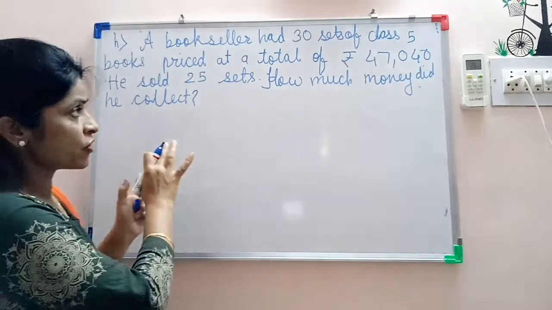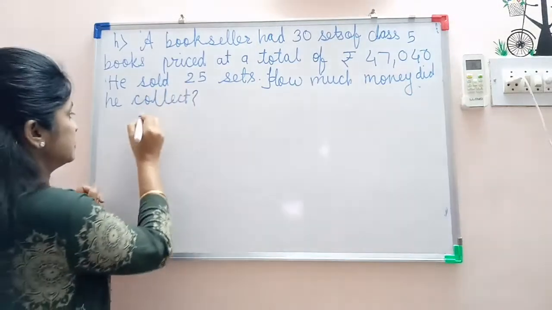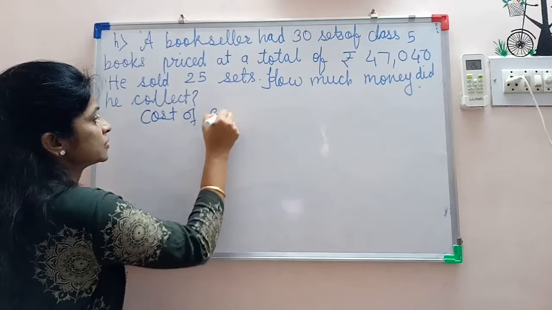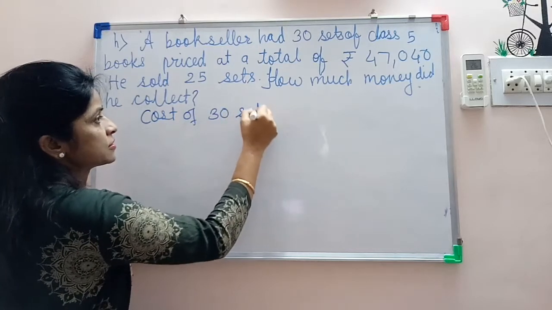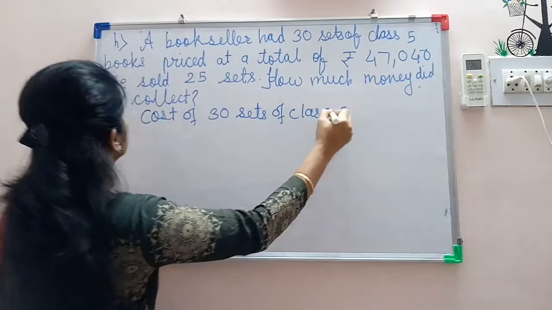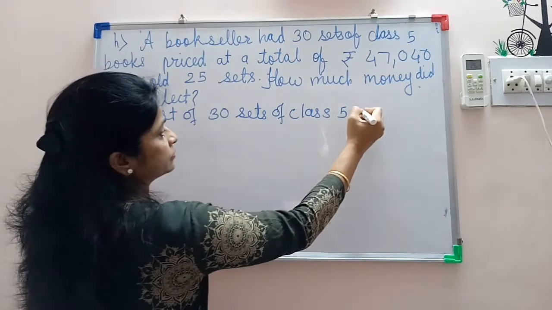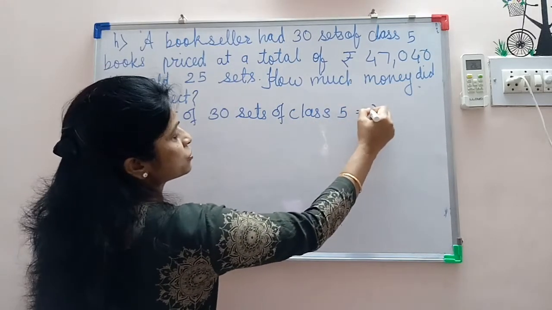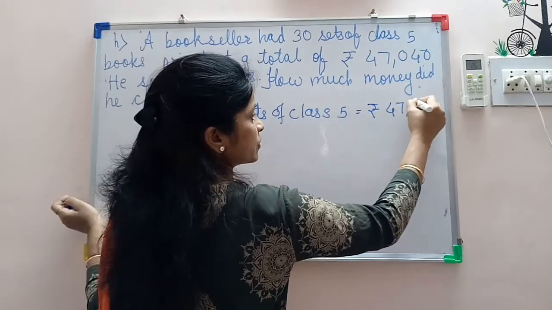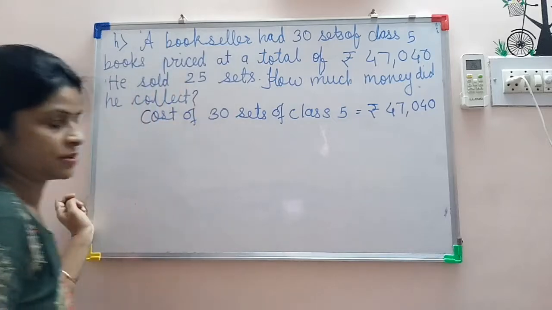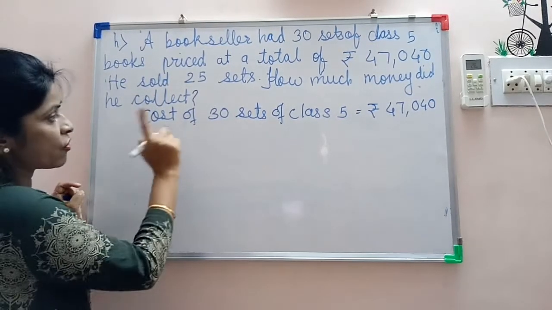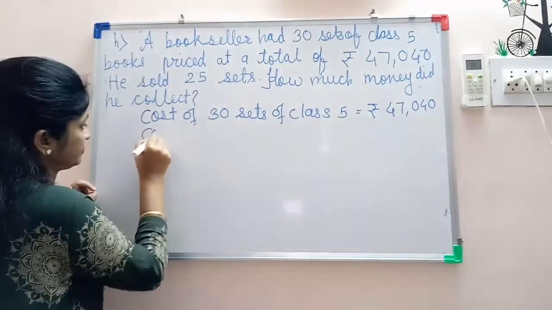Now, first of all, we will write the cost of 30 sets of class 5 is equal to rupees 47,040. Now students, we have to find out the cost of one set.